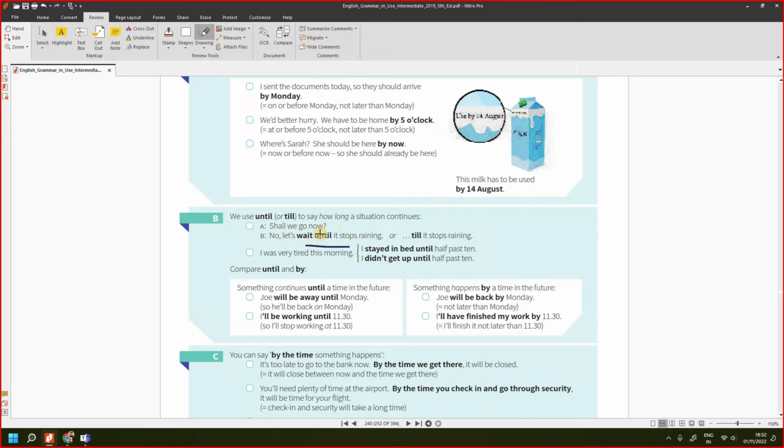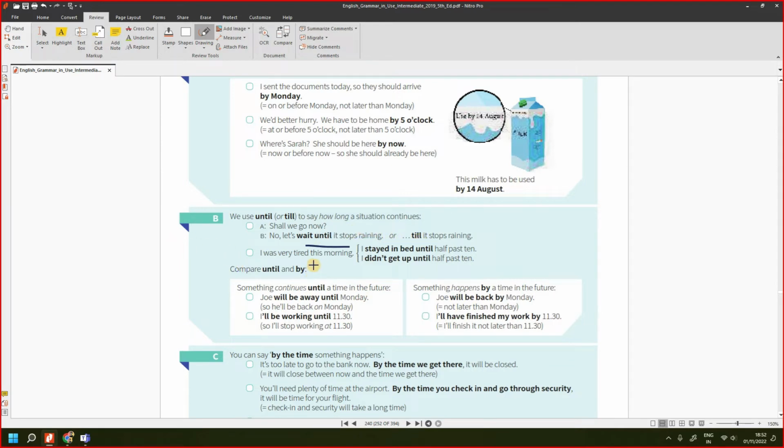It sounds more pleasing than till, and it is more pleasant to listen to. But in meaning both are correct. You can use either until or till in this.